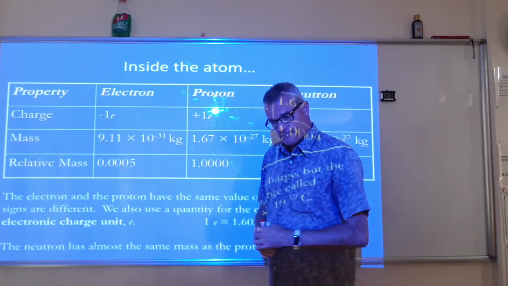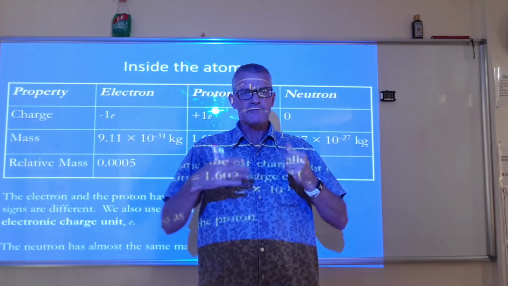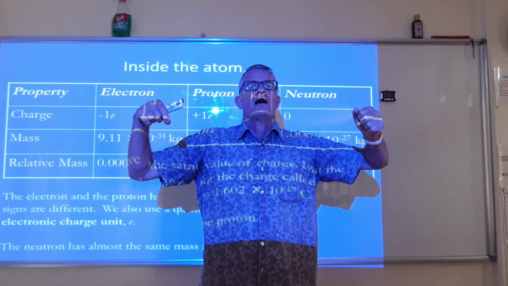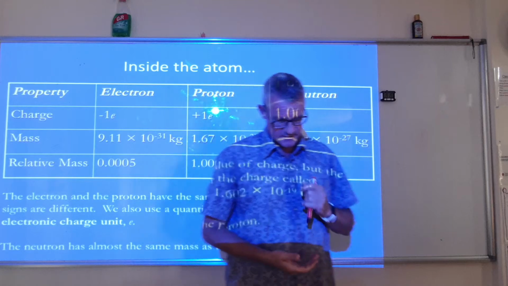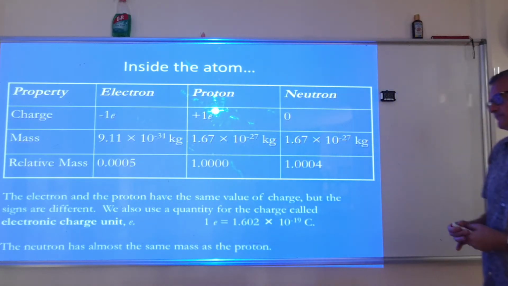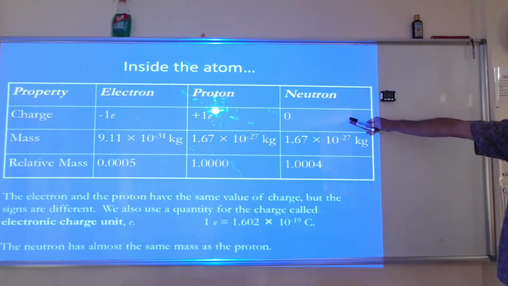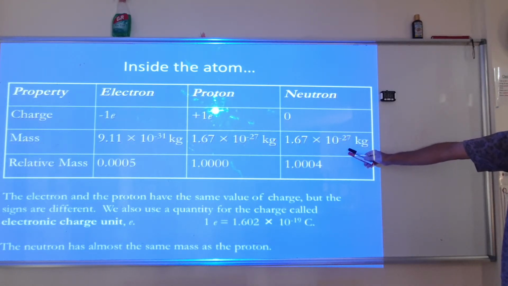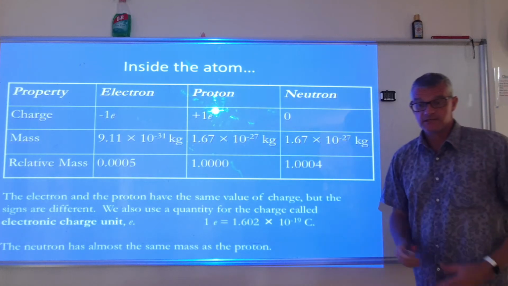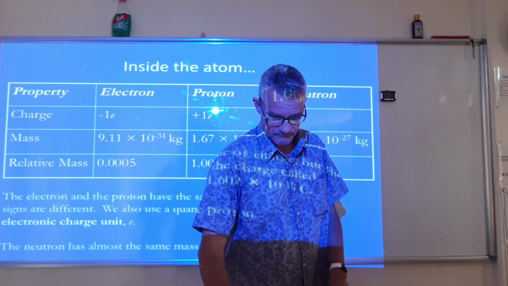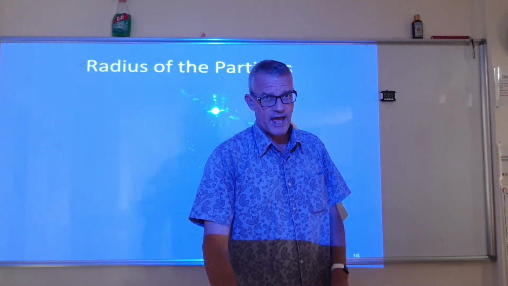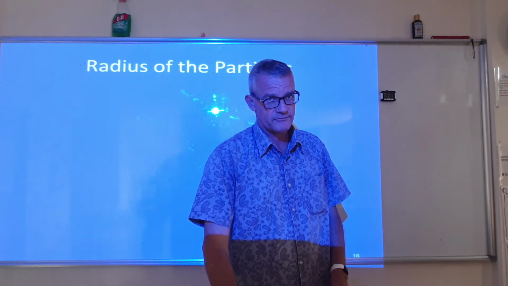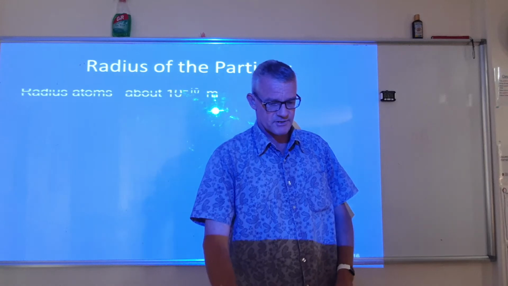So in an atom we always see that the number of protons is equal to the number of electrons. And a neutron has no charge but has the same mass as the proton.